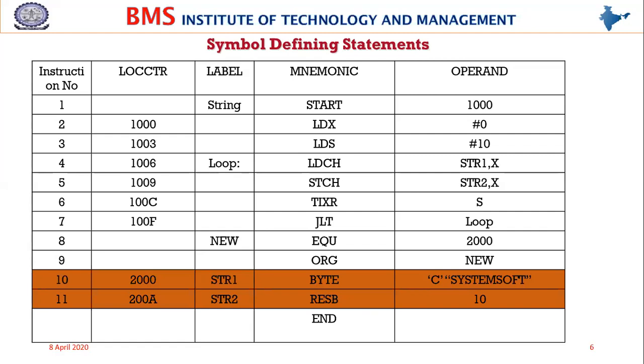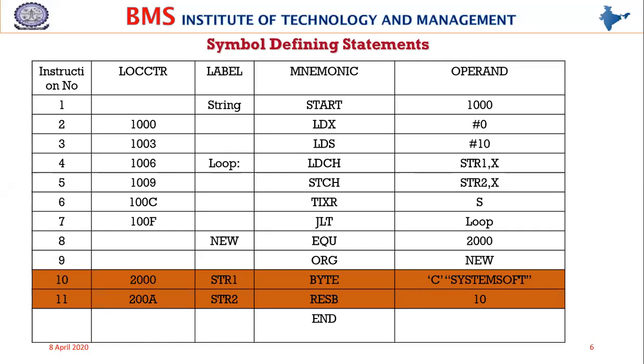That's the string contents. The next one, str2, is starting from 2008, because your system soft will consume 10 bytes from there. So the string 2 is allocated 10 bytes of memory starting from 2008 to 2020. So this goes on. This is the use of this ORG statement.